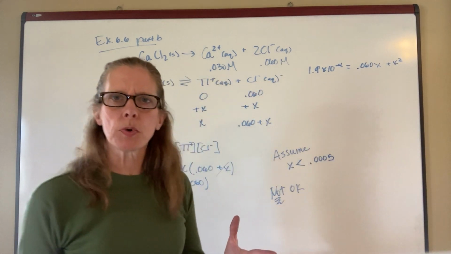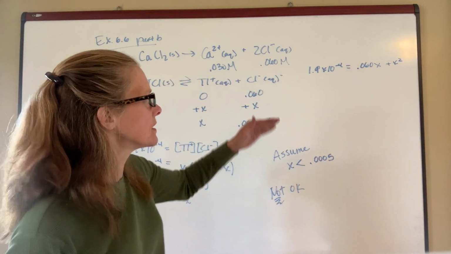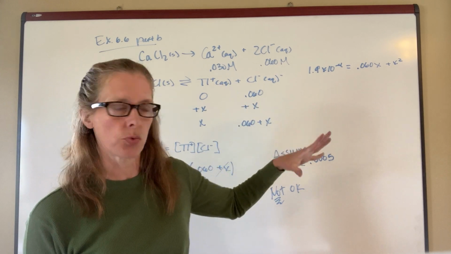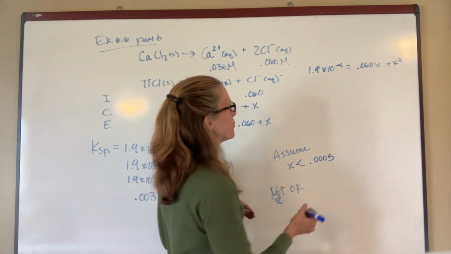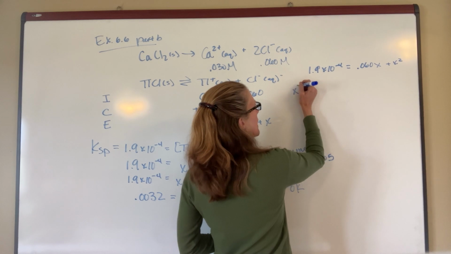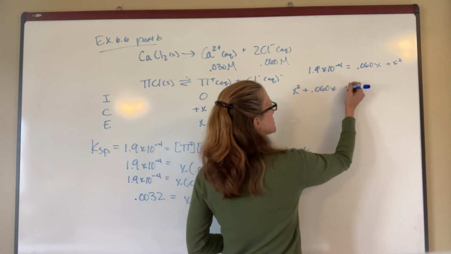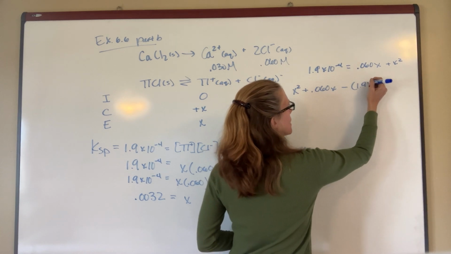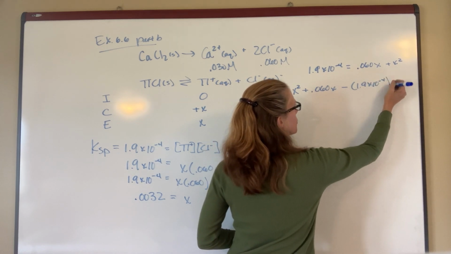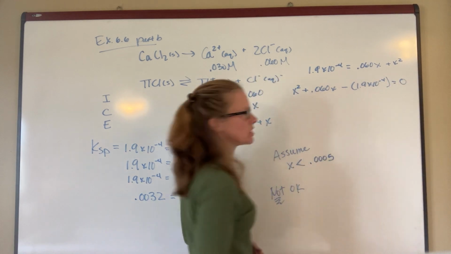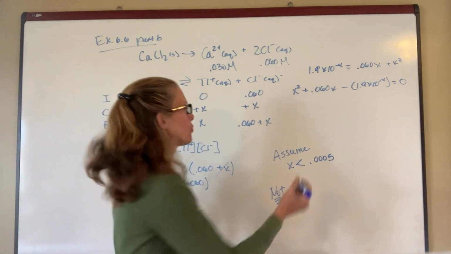Now, if you remember, when you use the quadratic equation, you need to get this equation into standard form. So to put this in standard form, it's going to be x squared plus 0.060x minus 1.9 times 10 to the minus 4th equals 0. Okay, so there's standard form.